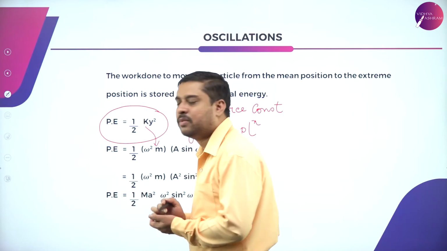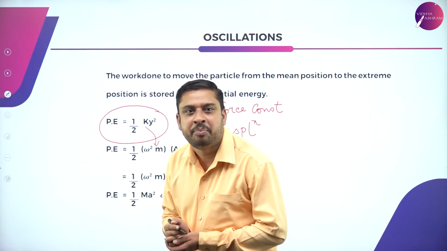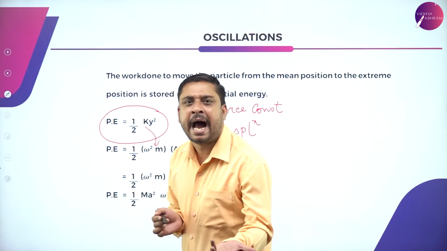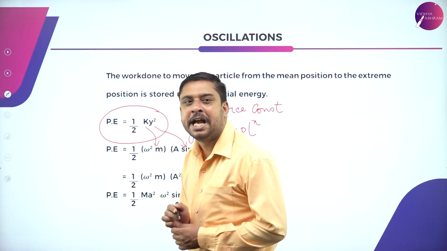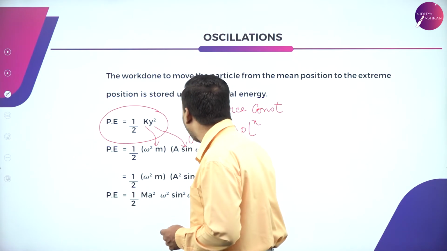What was k? Omega square m, as I have done just before. The displacement is a sin omega t whole square.